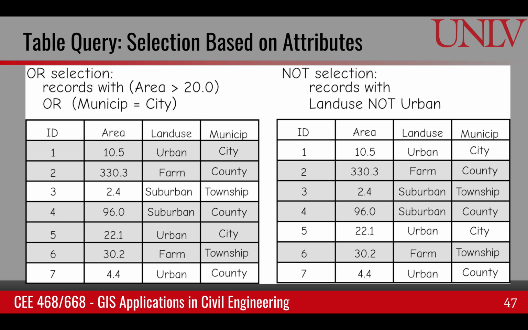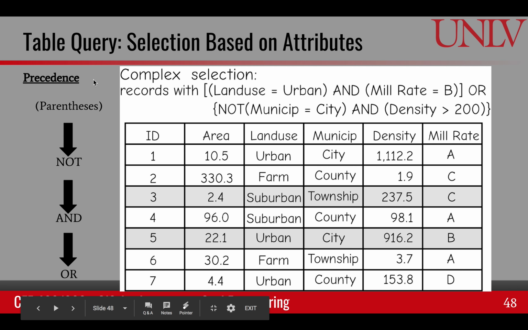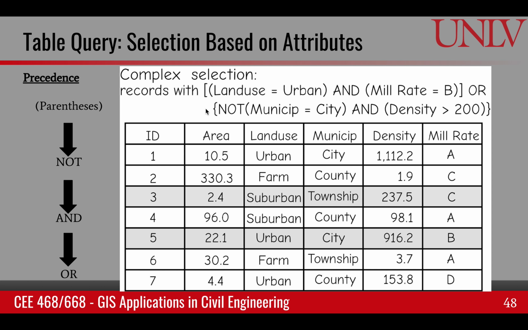Now, these AND, OR, and NOT operations can also be combined to make more complex selection conditions. But something that has to be kept in mind is the precedence of the rules, or how these are to be combined. Just like how we do multiplication before addition or subtraction, or even before that we respect the parentheses in mathematical calculations, we do the same thing in logical operations.